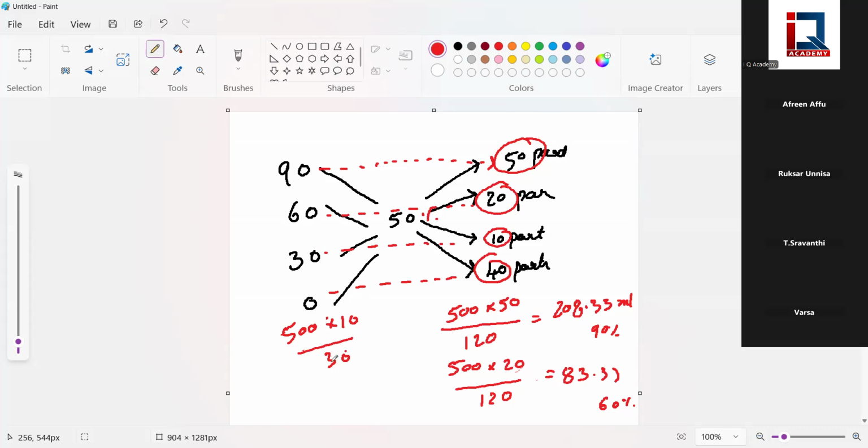Sorry, why 30? It's 120, the total parts.